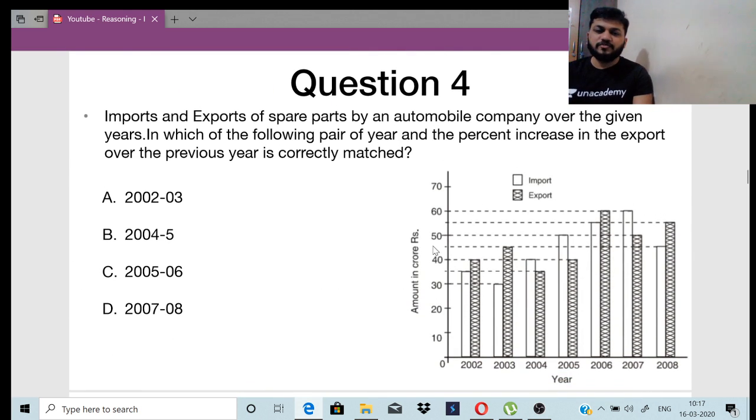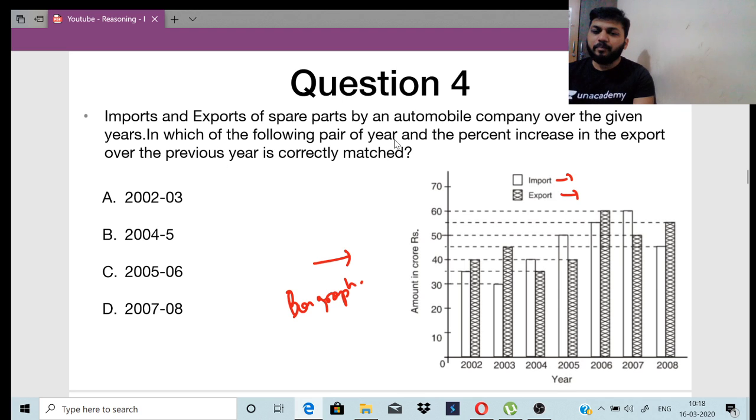Imports and exports of spare parts by an automobile company over the given years is given in this data interpretation. This is called a bar graph. The white one is import, the shaded one is export. This is amount and this is the year.